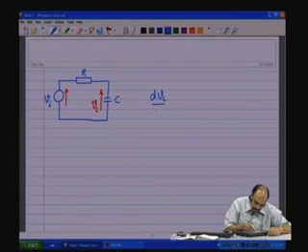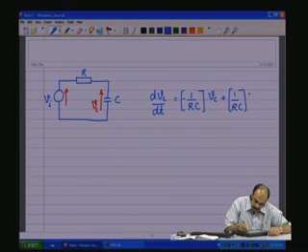dVc by dt. We have worked this out many times previously, equals minus 1 by RC, this is the A matrix, into Vc, plus 1 by RC, this is the B matrix, into Vi.